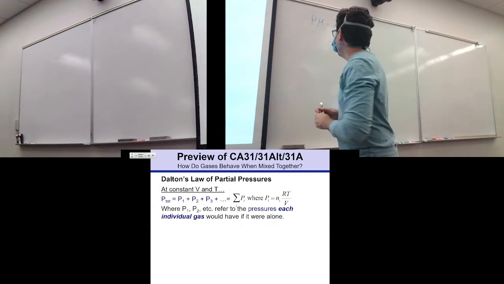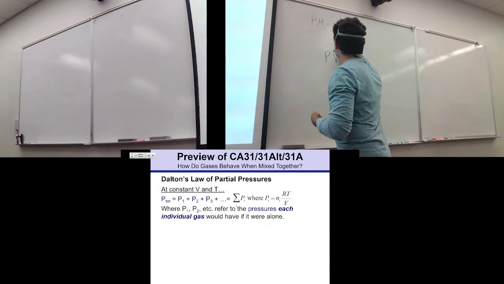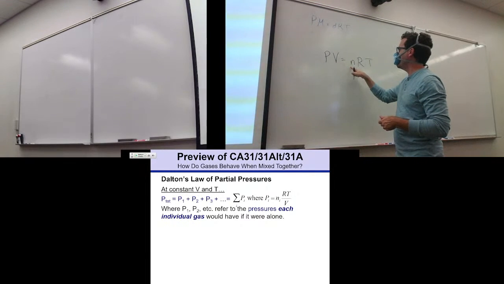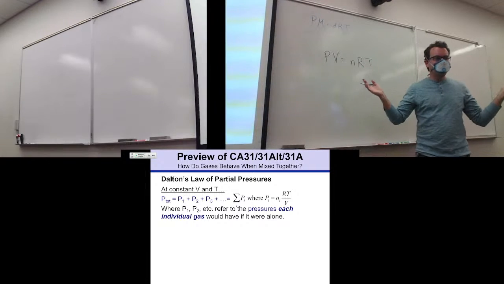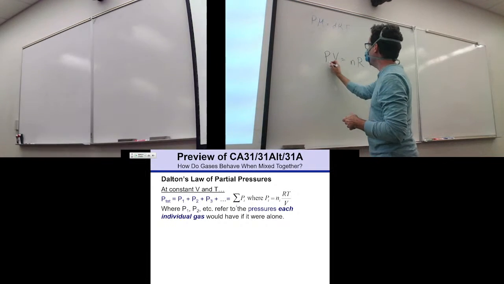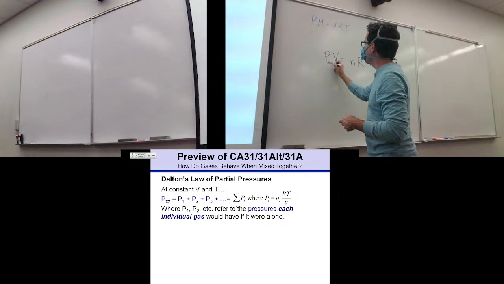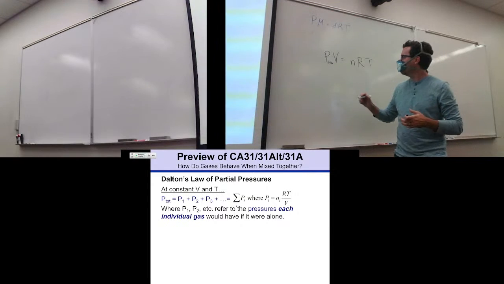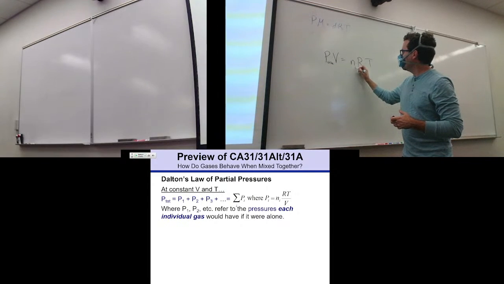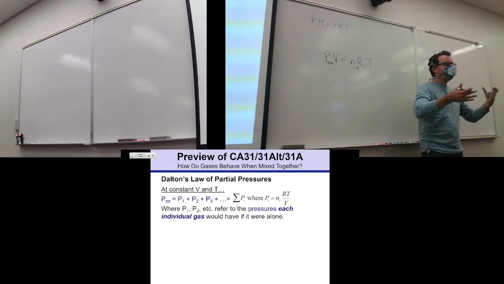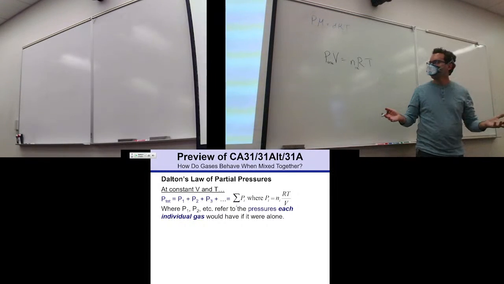PV equals nRT works the same way. With PV equals nRT, you can treat all the gases as the same. If you want to calculate the total pressure of all the gases inside a container, then the number of moles will be the sum of all the different moles of gas.